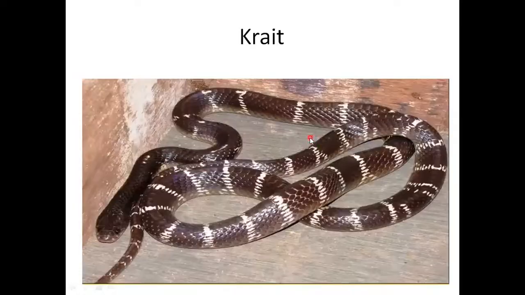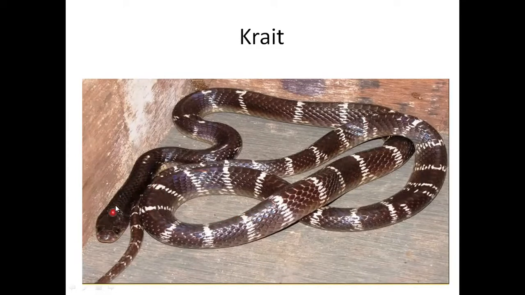Same thing here. This is the krait, and in the krait the vertebrals are enlarged and hexagonal, and the fourth infralabial is largest, which we cannot observe here because for that we have to observe this snake from the ventral side. But from the dorsal side you can observe these large hexagonal scales.